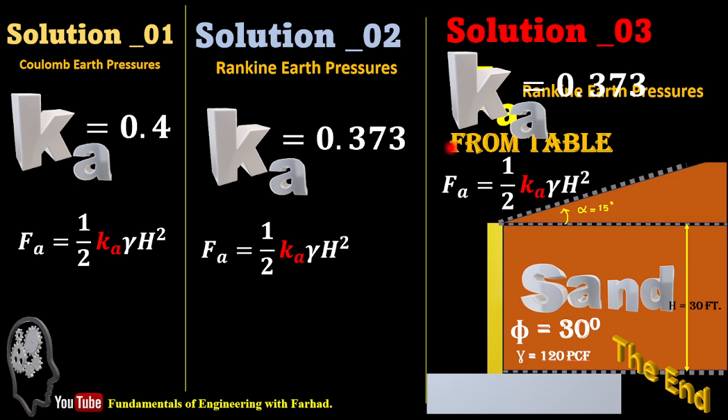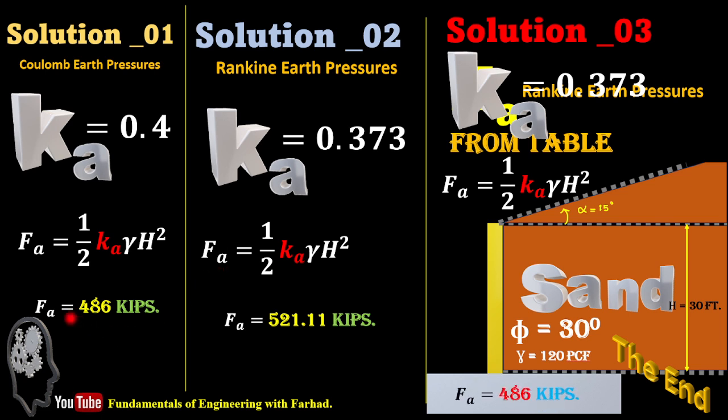And the last one, the same, because this is the same method, but a different approach. And if we calculate the Fa, it gives us the numeric value of 486 kips for the second and last method, because they are the same method but a different approach.